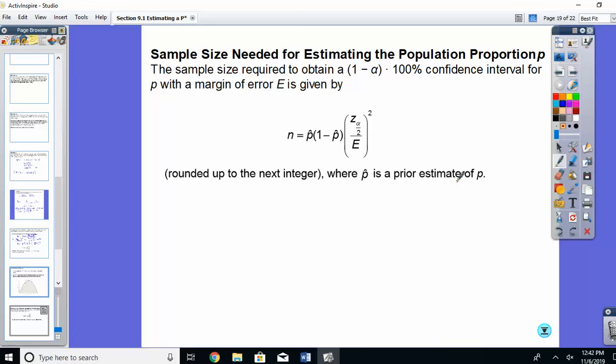So what you need to write down, these are on your formula sheet. If you look in chapter 9, over at sample size, we are looking at the first bullet there. To estimate the population proportion, this is the sample size needed to estimate our p. We can use this formula if we know a prior estimate.